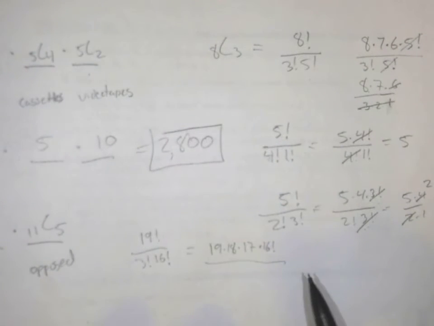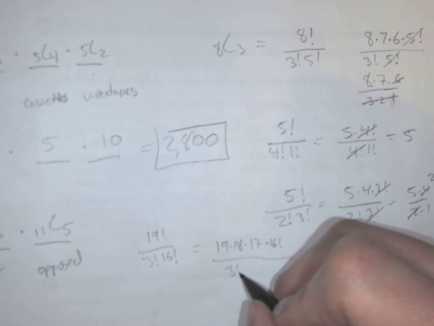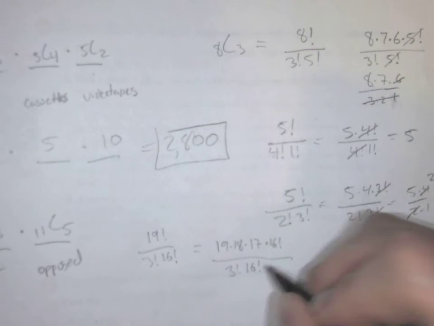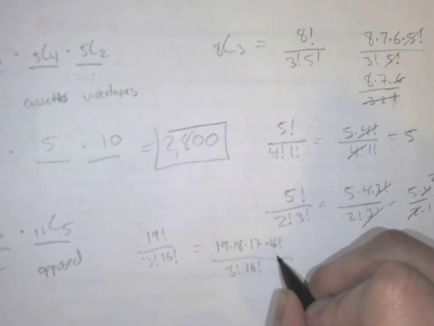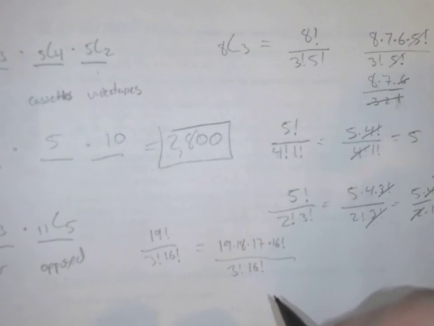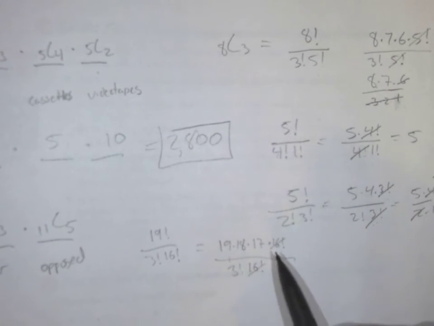I could write 16, 15, 14, 13 all the way down the line, but we don't really need to do that. Because this is 16 times 15 times 14 times 13 all the way down the line, and so is this. So I'm just going to cancel these out. So I have 19 times 18 times 17.